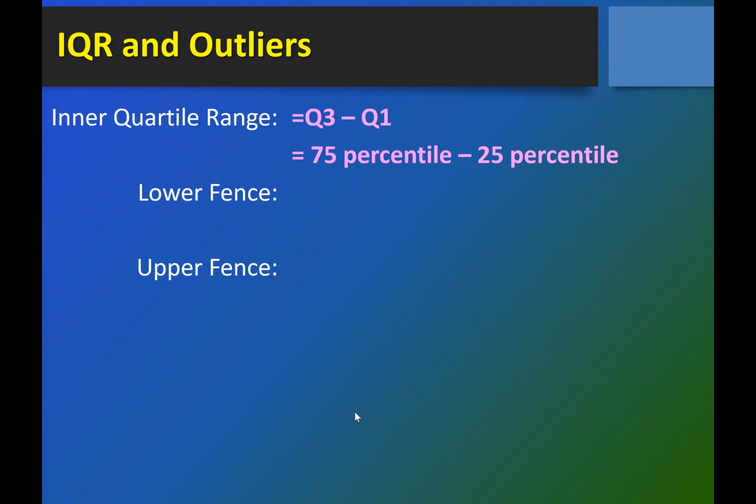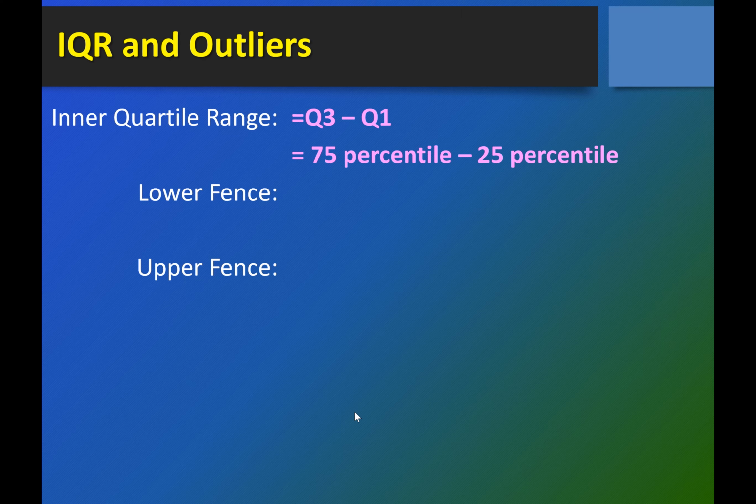So let's say I had 10 numbers. I would say 10 times 0.75, and that's going to be 7.5. So I'm going to look at what would be between the 7th and the 8th position, and you would take what was in the 7th position at or below. This isn't going to be one of those where you average the two values. This says, again, 75% of the data is at or below that given value.